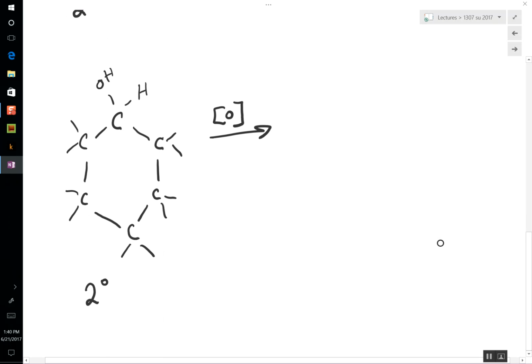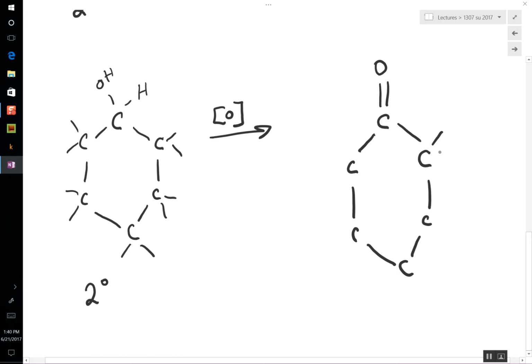So right where that oxygen was to begin with, I should write these in here like this. Carbon. That's good. All right, right where that oxygen was to begin with, we're going to get a carbon-oxygen double bond. And a lot of times students will ask, well, where'd the hydrogens go?